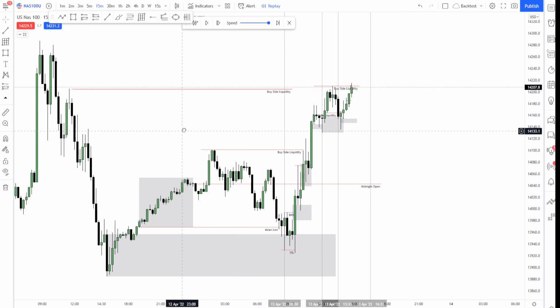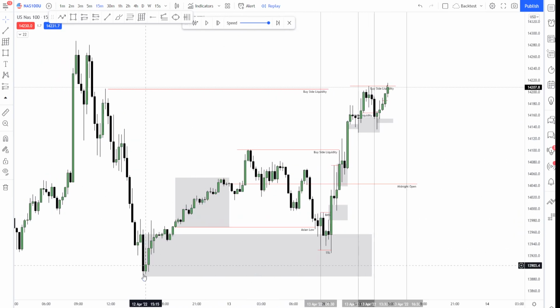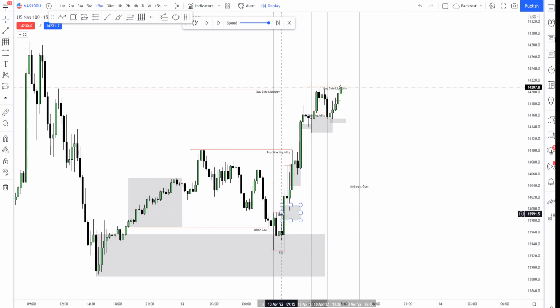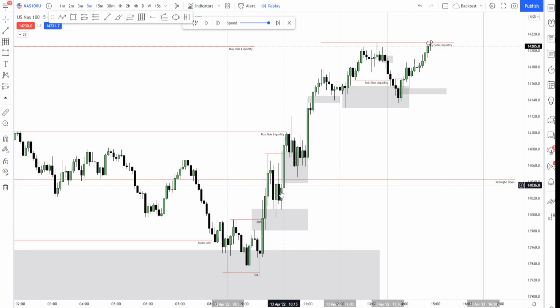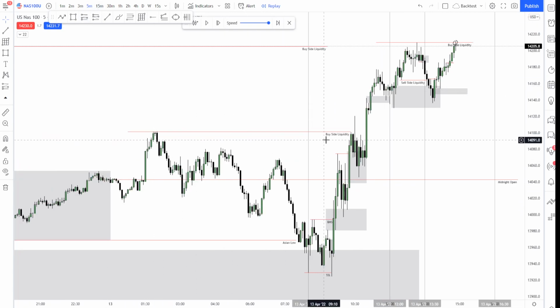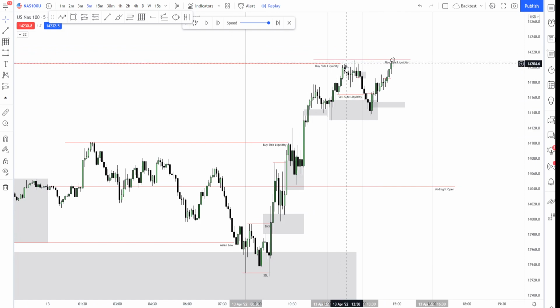I could talk about it in another video, but let's get on with this. So 15-minute order block, Asian low taken, price traded in, price broke structure, price came into the 15-minute fair value gap, retraced into it, went up, went to the 5-minute fair value gap, met it, structure break, continuation up, first buy side liquidity pool met, then the other buy side liquidity pool up here, continued targeting.